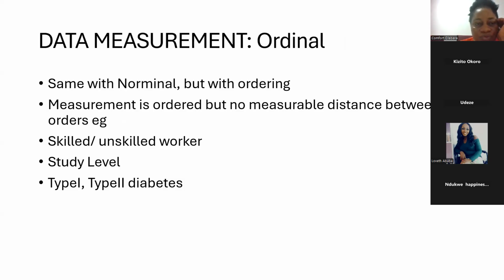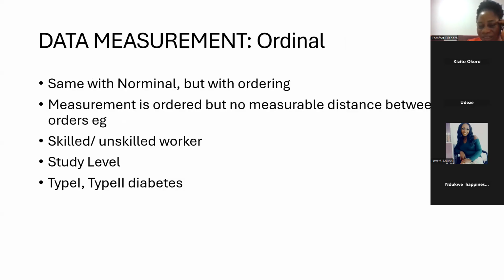Now here, ordinal. It's the same as nominal, but there is order. There is a specific order, though you cannot even measure that order. It's just a level thing. If I say enter your department, I'm talking about nominal.